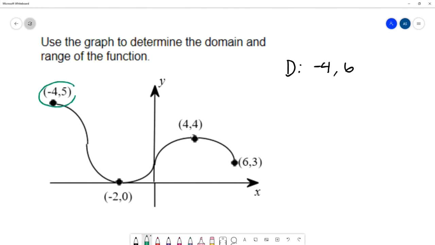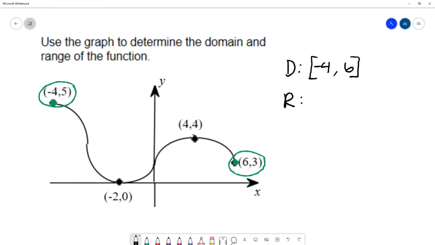So looking at this endpoint here, it's filled in, and on a graph, when a point is filled in like this, it's included in the set, so it should be included in our domain. -4 should be included. We use the bracket when the number is included. On the other end, we have another filled-in circle, and so this endpoint is also included in the set, so we're going to use a bracket on it. So that gives us our domain.